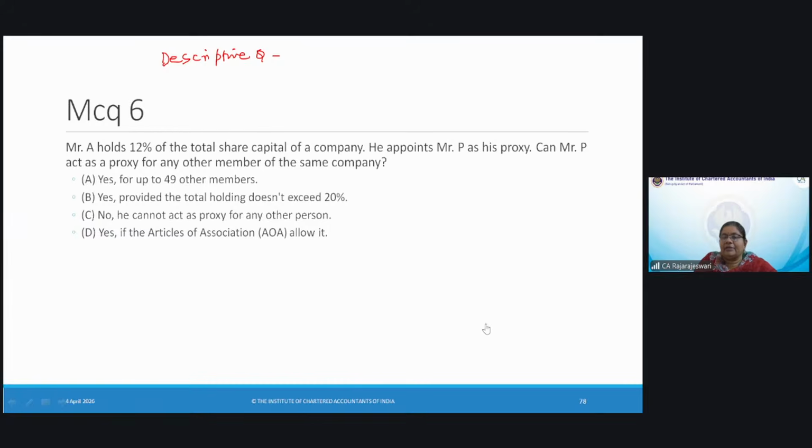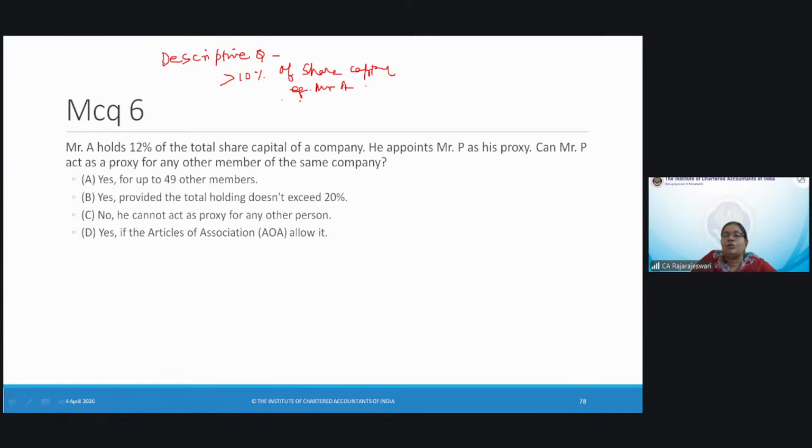Many have given the answers. See, what is the rule which says that if a person holds more than 10% of the share capital, and he appoints a person as a proxy, that person can act as a proxy only for that particular member.